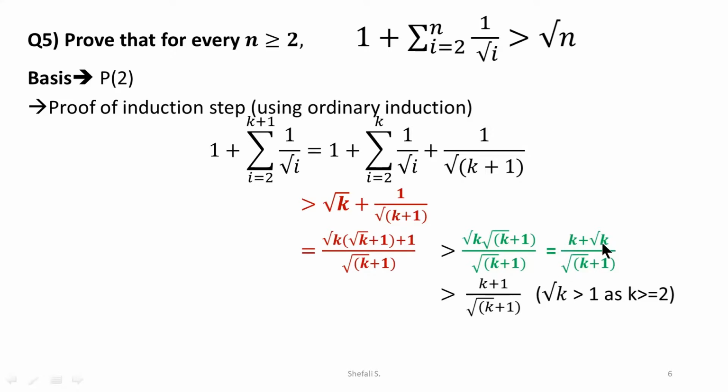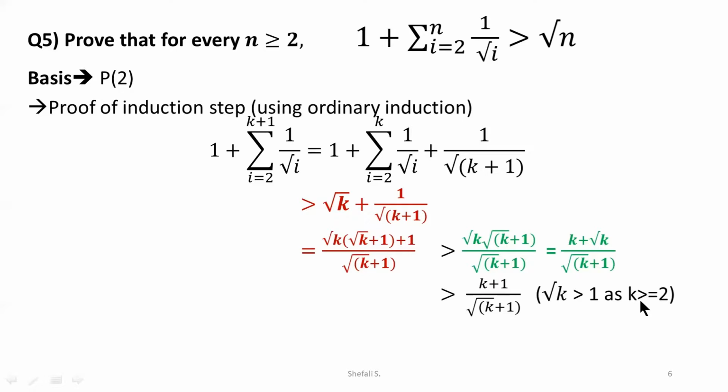So k plus root k, I used here the term k plus 1, and compared to this term, this k plus 1 under square root of k plus 1 is greater than, because always root k is greater than 1, because we assume k is greater than or equal to 2, because the series is true for this condition.